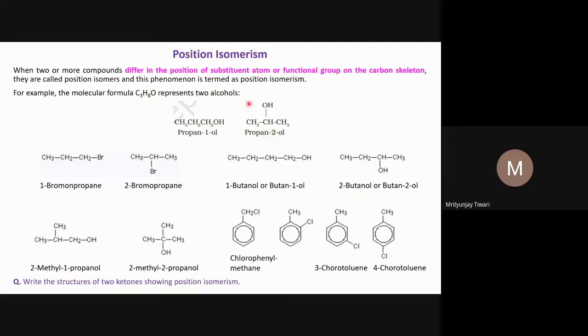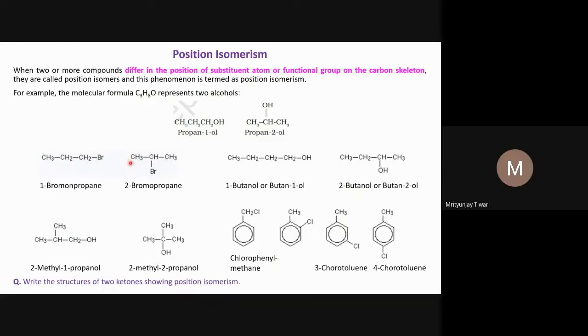Similarly, with the substituents, we know some of the functional groups that we treat as substituents. The halo group, nitro, we treat them as substituents. So these are compounds with the bromine, the bromo substituent. You can see in this compound, the numbering will start from the carbon atom which is linked to the bromine, because we want to give the bromine the lowest position.